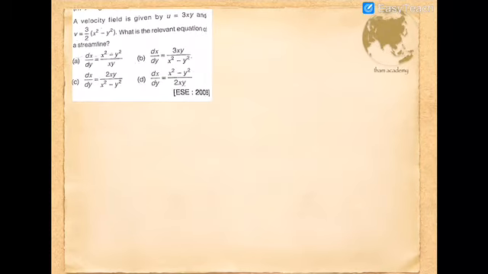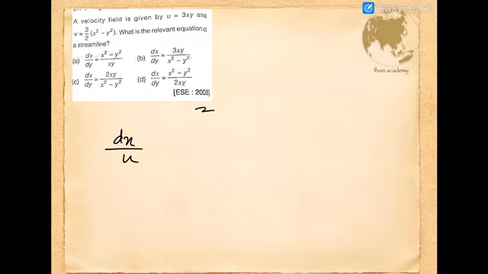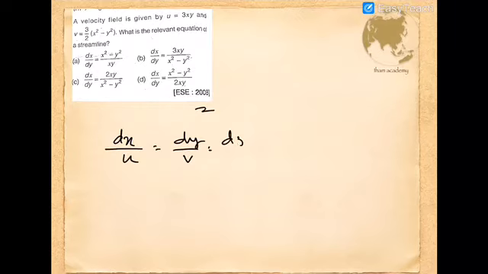This question was asked in 2008. A velocity field is given by u is equal to 3xy and v is equal to 3/2 x² minus y². What is the relevant equation of streamline? So the equation of streamline, we studied that dx/u should be equal to dy/v is equal to dz/w.